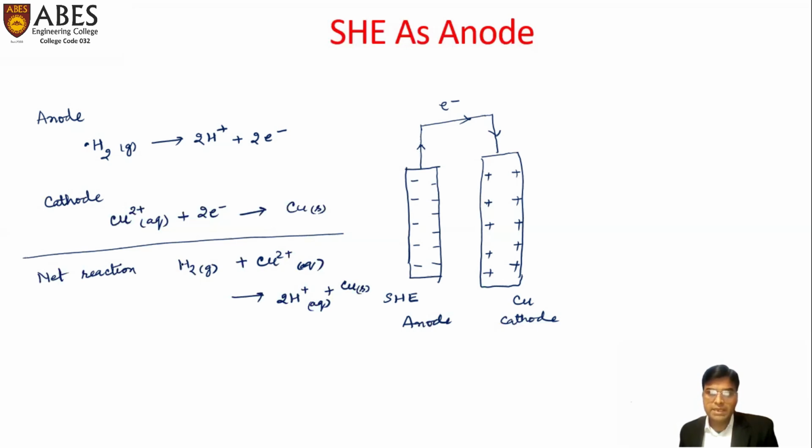Here, hydrogen gas is undergoing oxidation, so it is the anode here, and copper 2 plus ions are undergoing reduction. So the copper electrode is the cathode here.